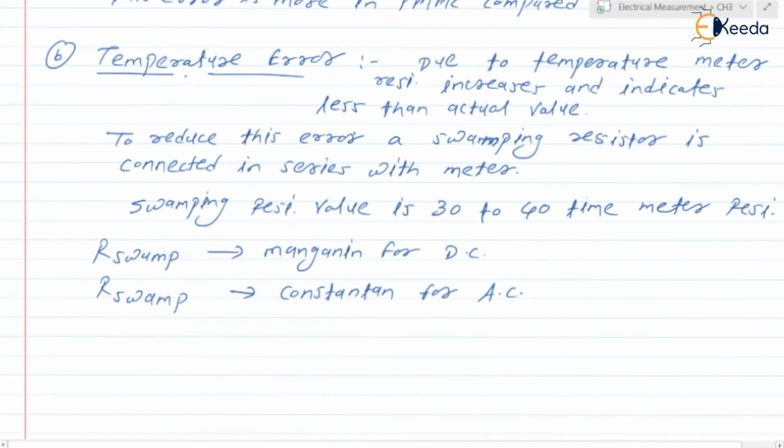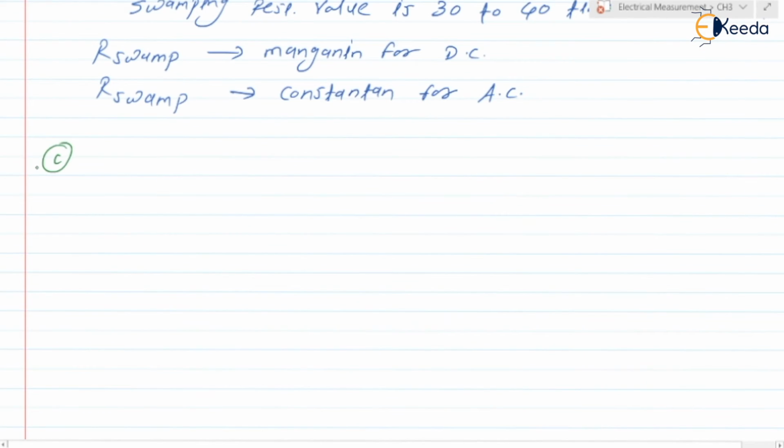Next, third, we have the frequency error. What is the frequency error? If the same input is measured at different frequencies, then the meter gives different values. It is called the frequency error.